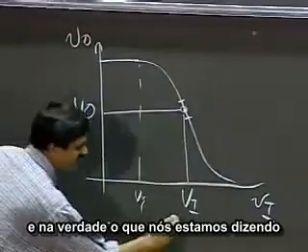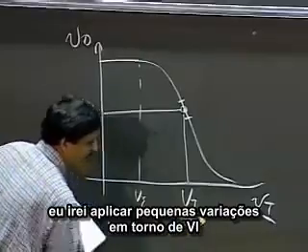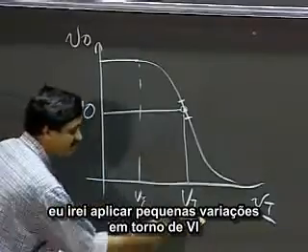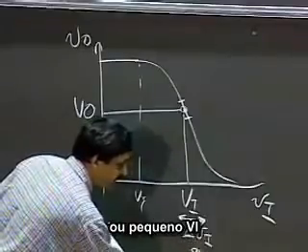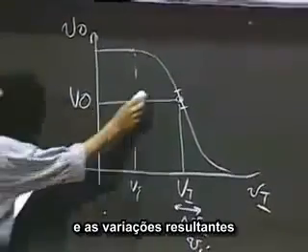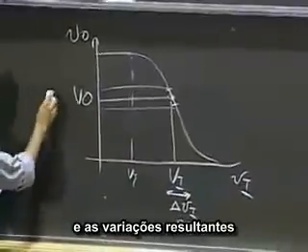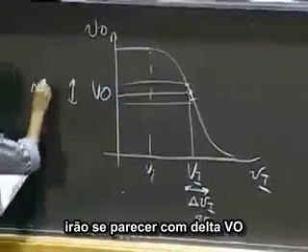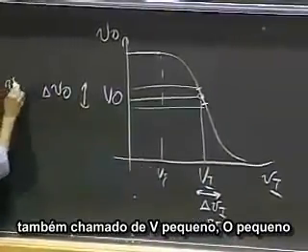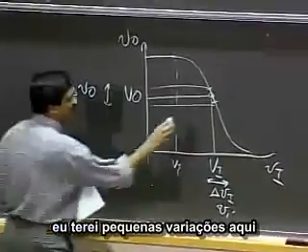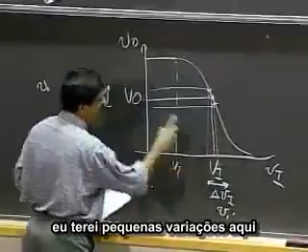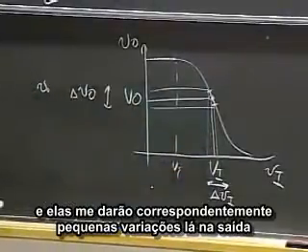In effect, what we're saying is that I'm going to apply small variations about VI and call those variations delta VI or small vi. And the resulting variations are going to look like delta V naught, also referred to as small v, small o. Okay, so I have small variations here, and they give rise to corresponding small variations there.